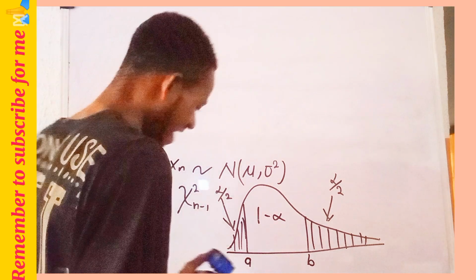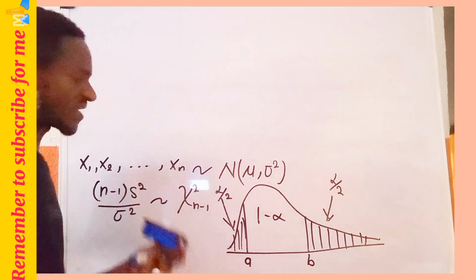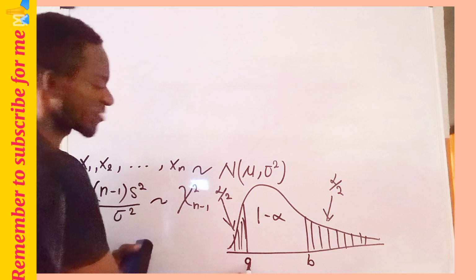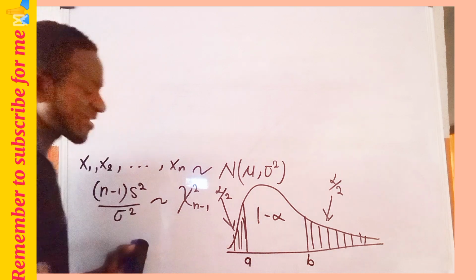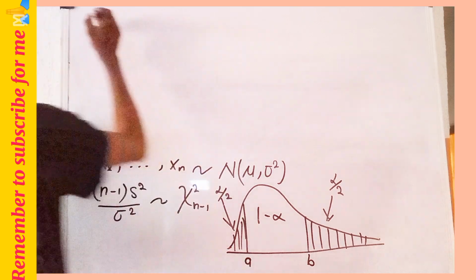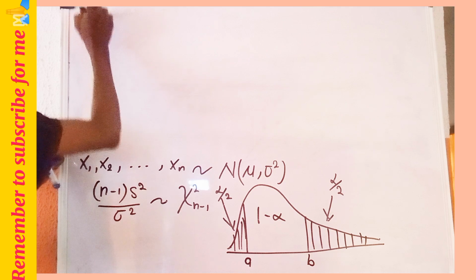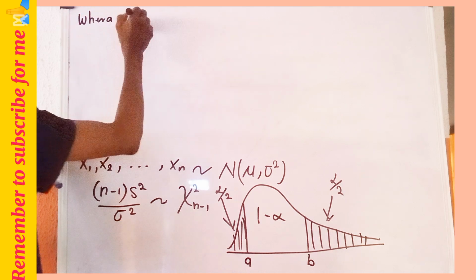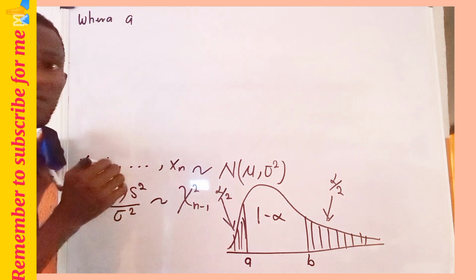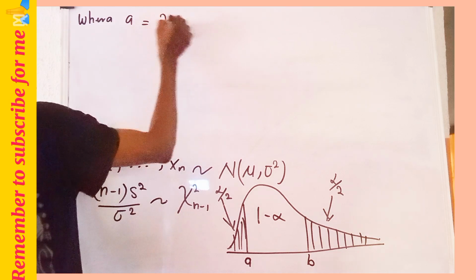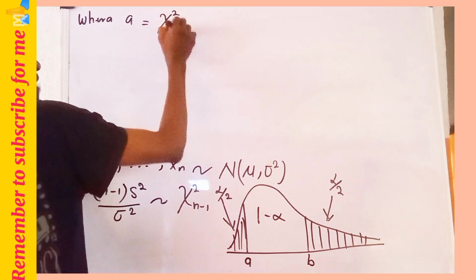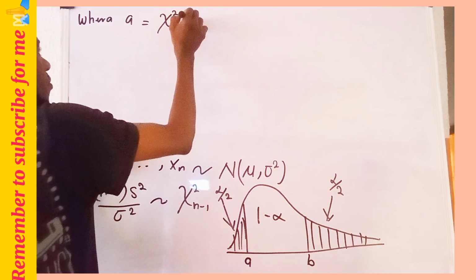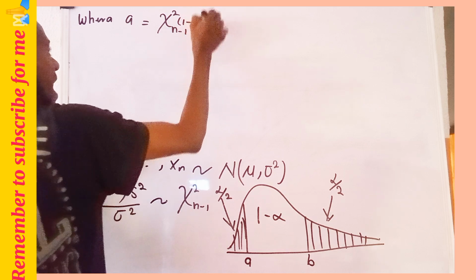Remember that each time we draw the chi-square distribution and we have here to be A and here to be B, this A is defined as A equals chi-square of n minus 1 degrees of freedom of 1 minus alpha over 2.